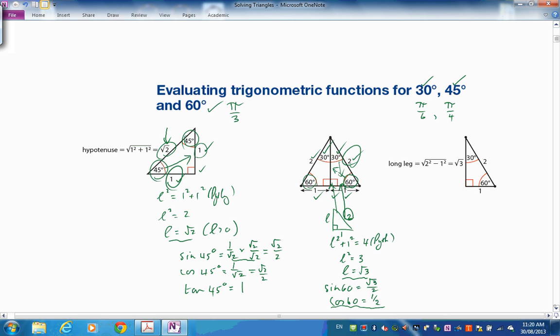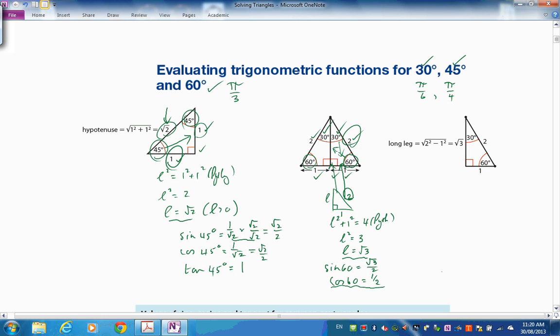And the tan of 60, or pi on 3, is sine over cosine, which is root 3. You can work that out. Dividing by a fraction, remember, you invert and multiply, getting root 3.